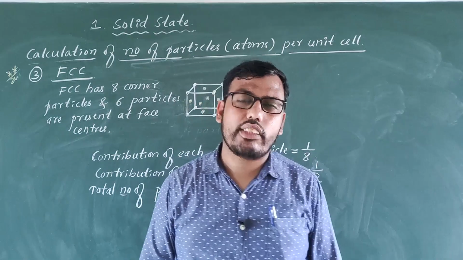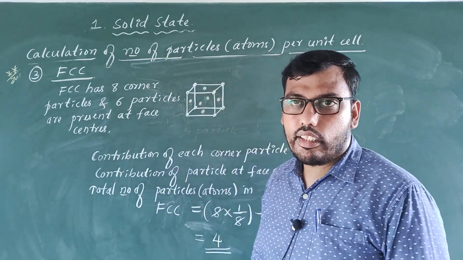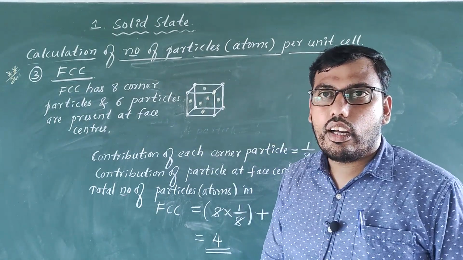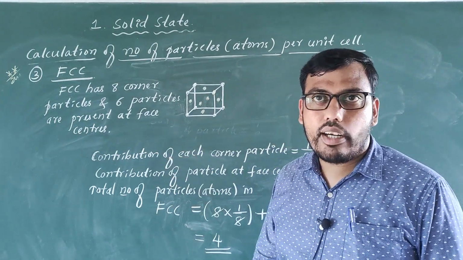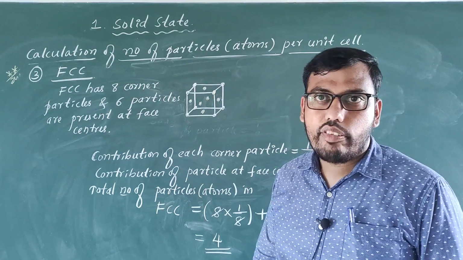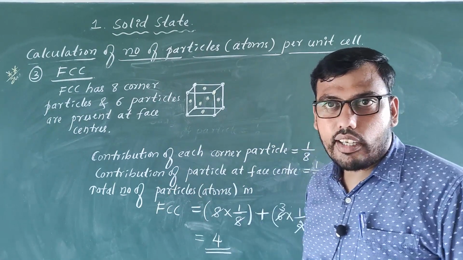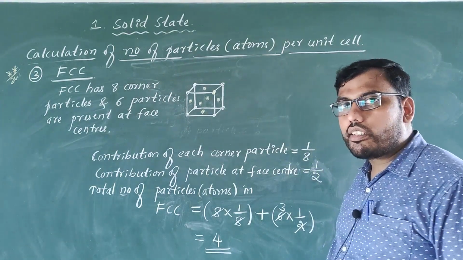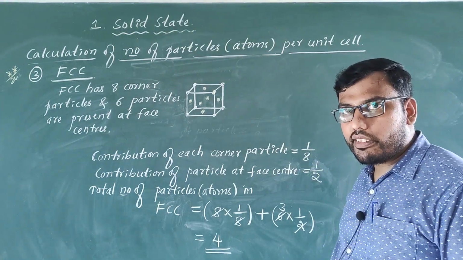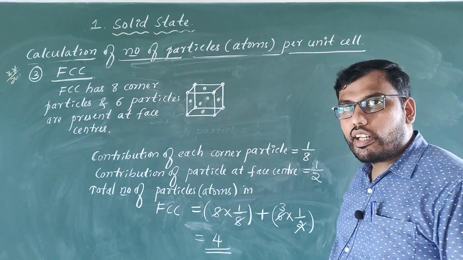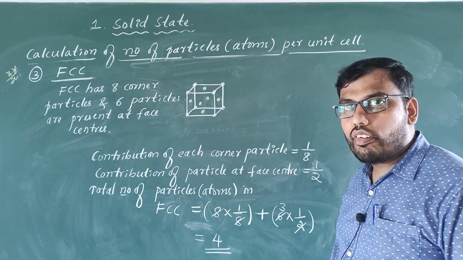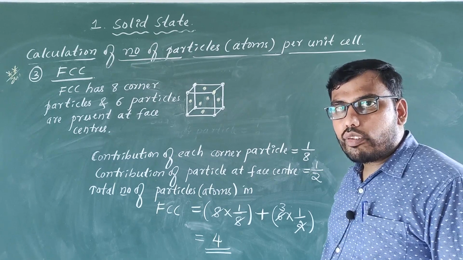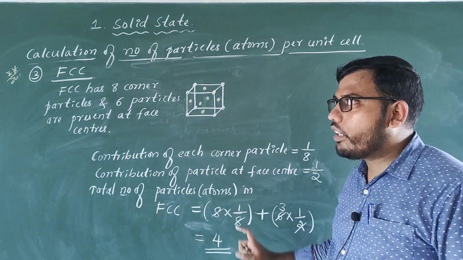In order to understand this calculation of particles or atoms per unit cell, first you have to know the contribution of each corner particle, the contribution of a particle present at the body center, as well as the contribution of each face center particle also. After knowing that only, you will be able to calculate this.